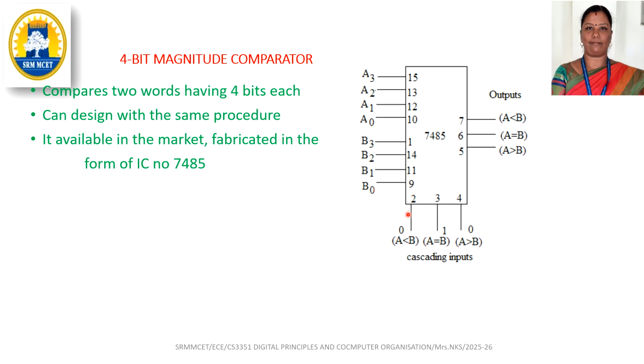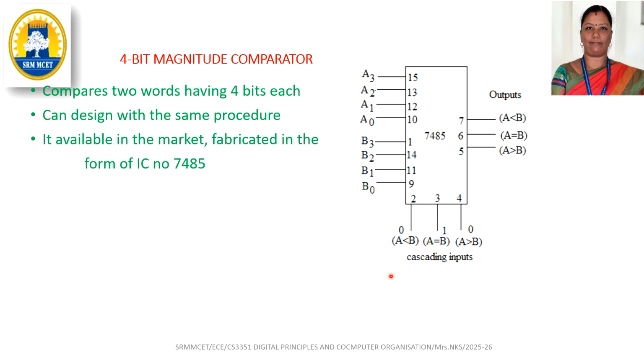The cascading inputs for this are given for combining two 4-bit magnitude comparators. Why? When we compare a higher number of bits, we can cascade the ICs together. So if you want to compare 8 bits, we can cascade two 4-bit magnitude comparators, and with the help of that, we can compare 8-bit words.